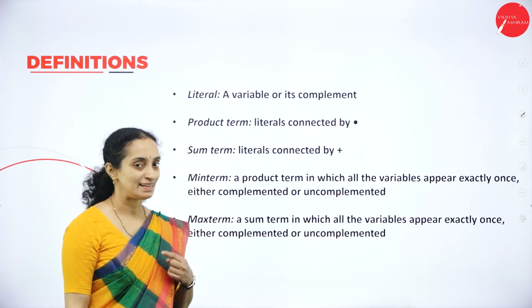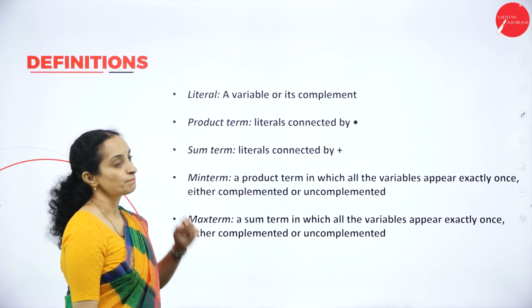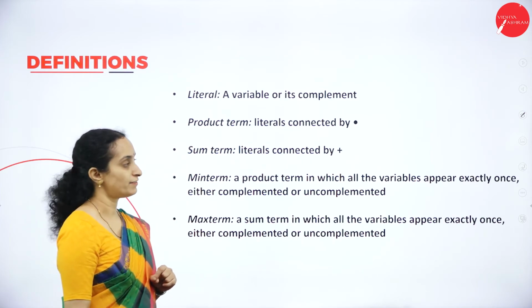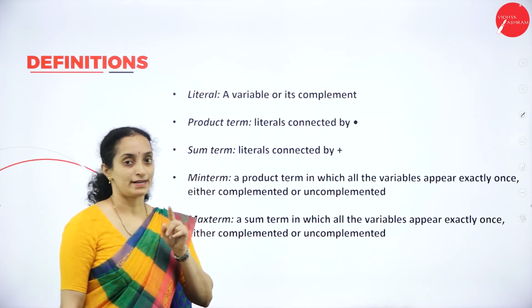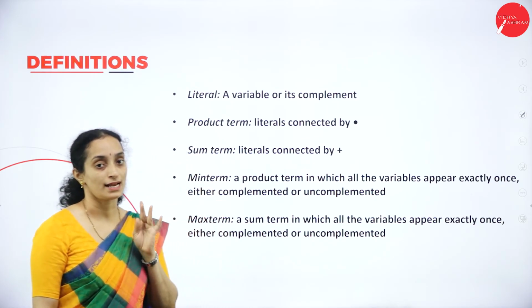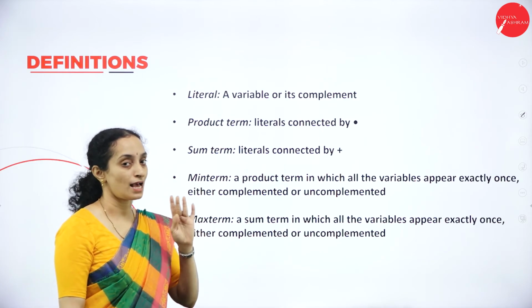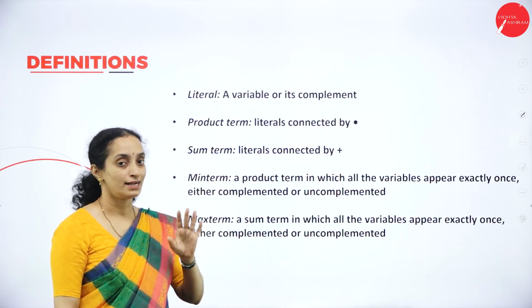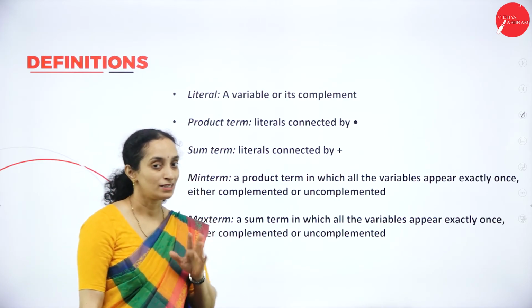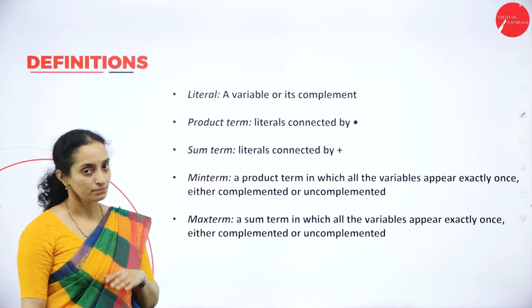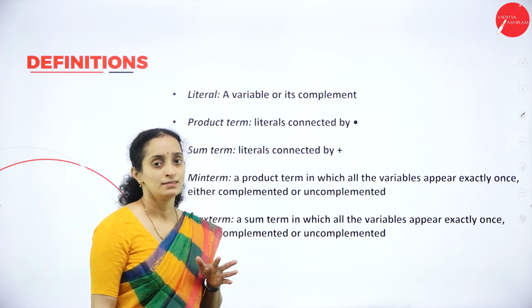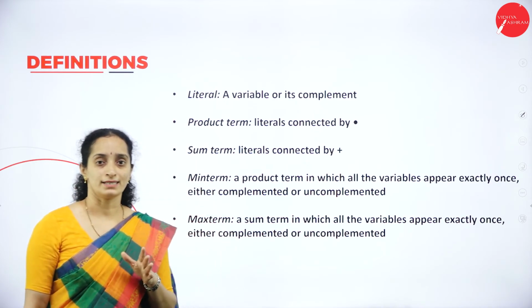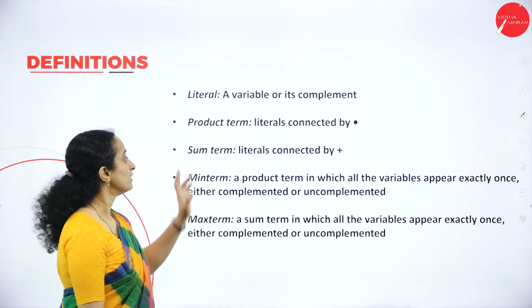What are these? Let's have a look. First is a literal: a variable or its complement, maybe x, y, z, a, b, c, x dash, y dash, z dash, a dash, b dash, d dash, or w, x, y, z, anything you can take.